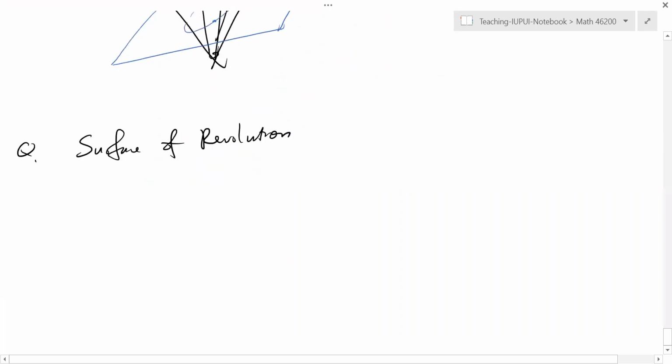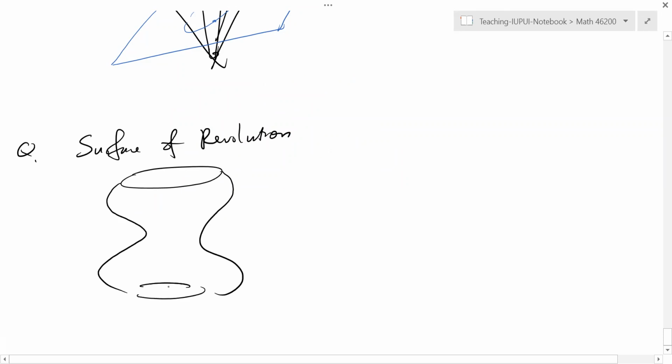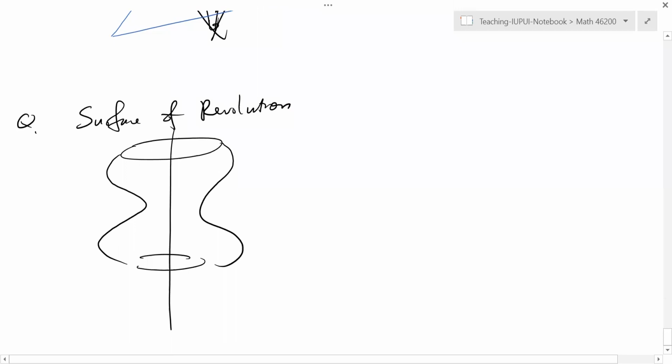So can we find some geodesics on that? Okay, surface of revolution, right? And there's a straight line here. I'm pretty sure this one in the middle here is going to be a geodesic.